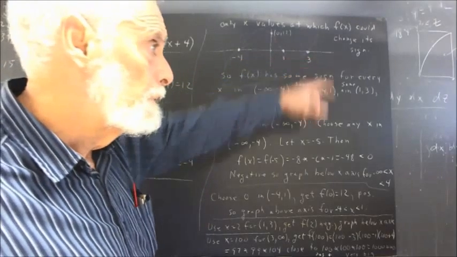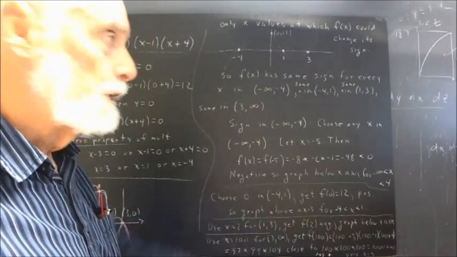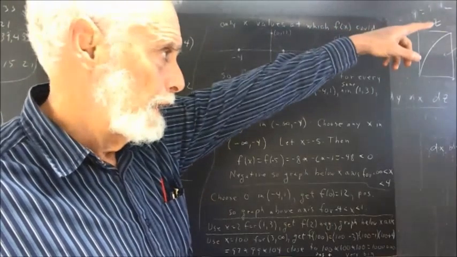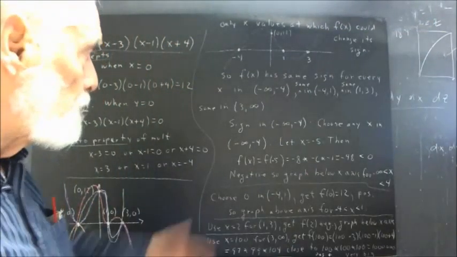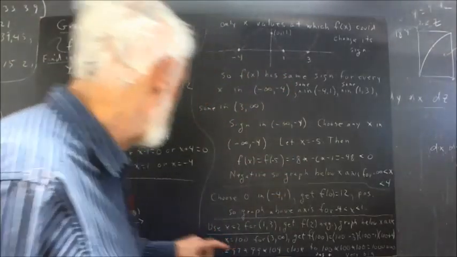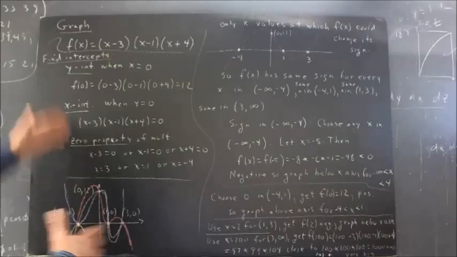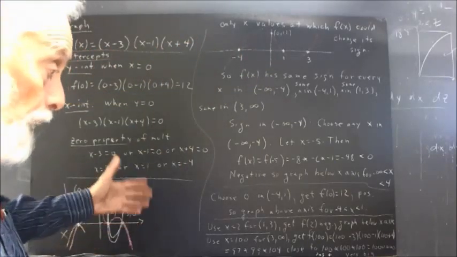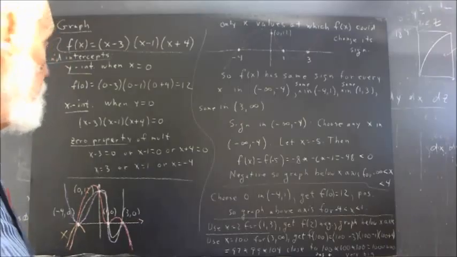On the last interval, we use x equal 100. Why do we use x equal 100? Well, we want to know what happens when we get out there a ways, as well as whether it's positive or negative. Also, 100 is bigger than the absolute value of any of these zeros, and it's a lot bigger, so it's going to give us some additional information.